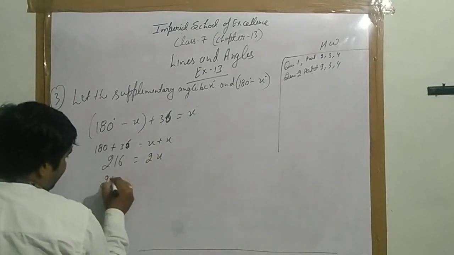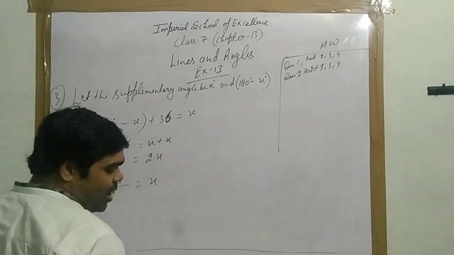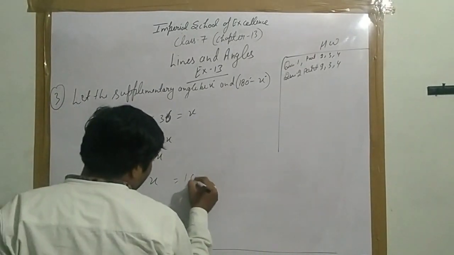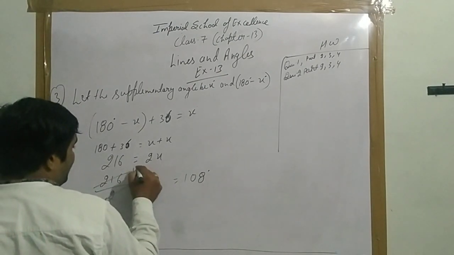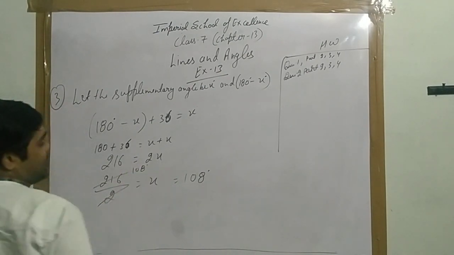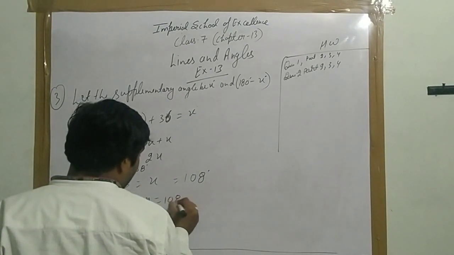So 216 upon 2 equals x. When you cancel it out, your answer will be 108 degrees. So we have found x equals 108 degrees.